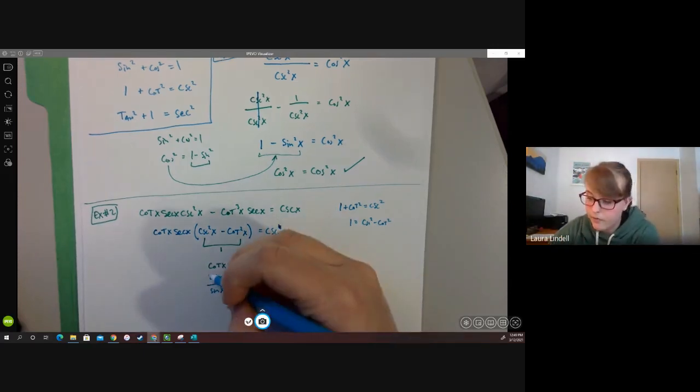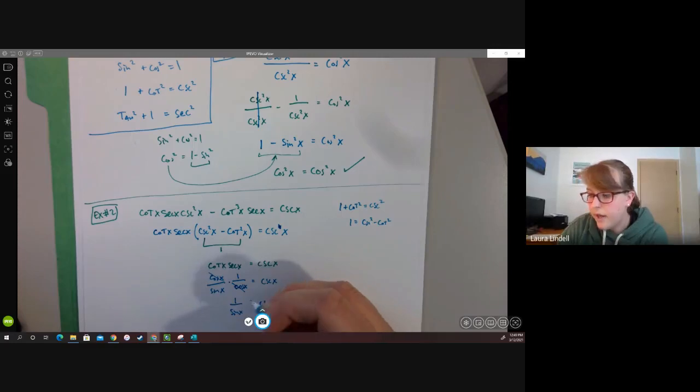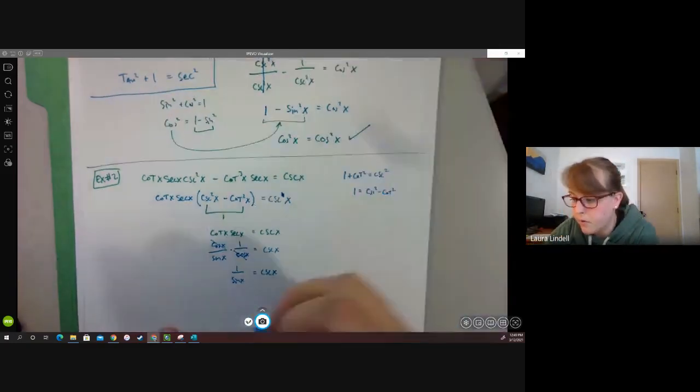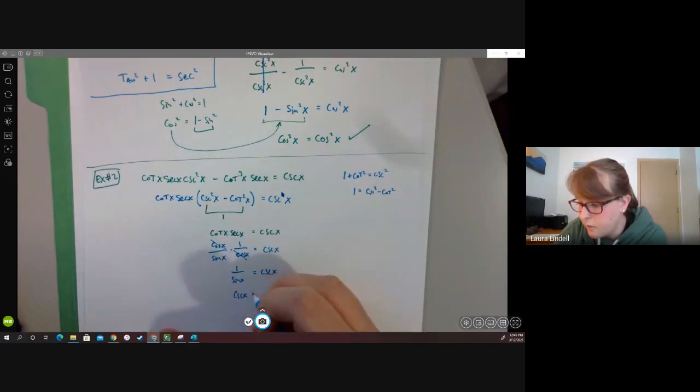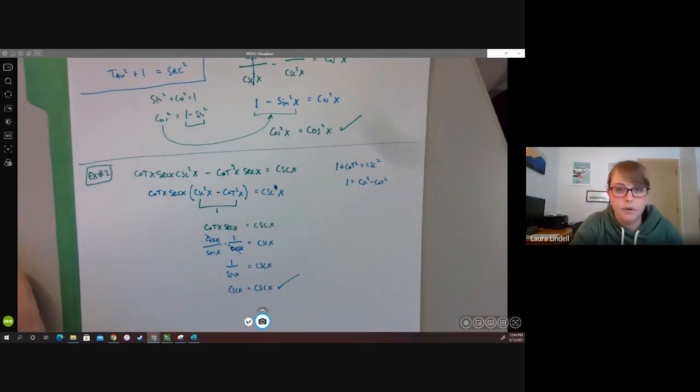So then we can have the cosines cross cancel, and we're left with 1 over sine equals cosecant, and cosecant is equal to 1 over sine. So we can put cosecant equals cosecant. And then we're done because we got down to where they're both equal.